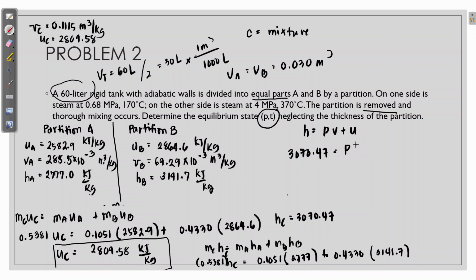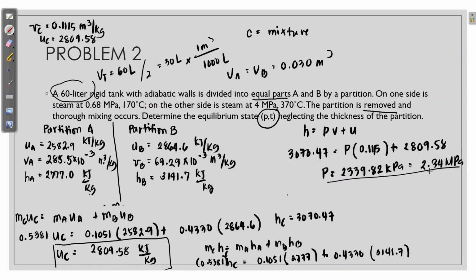Pressure na hinahanap, specific volume natin ay 0.1115 plus ang internal energy natin ay 2809.58. So, ang pressure natin, pag kinompute natin, ang lalabas dyan ay 2339.82 kPa, or simply 2.34 MPa. So, meron na tayong P.